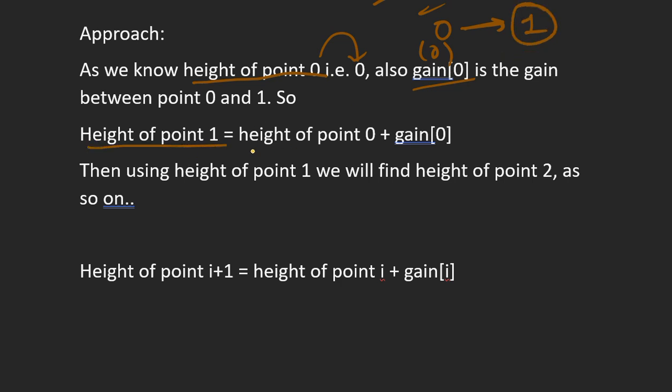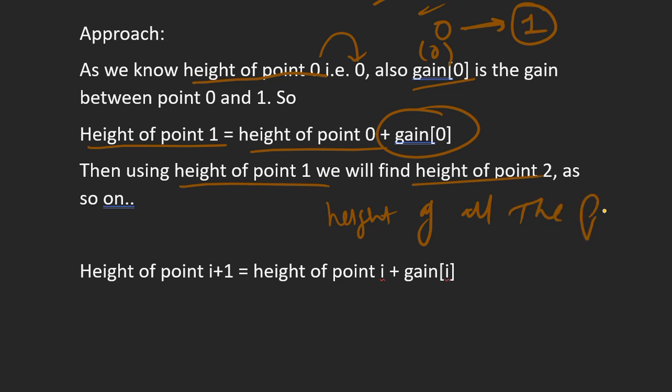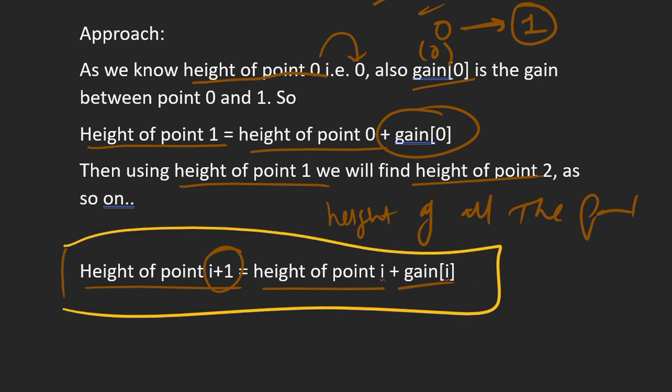So height of point 1 is equal to height of point 0 plus gain of 0, then using height of point 1 and gain of 1, that is point 1 to point 2, we'll find the height of point 2. In this way we'll find the height of all the points. So height of point i plus 1 is equal to height of point i plus gain of i, this is the general formula.